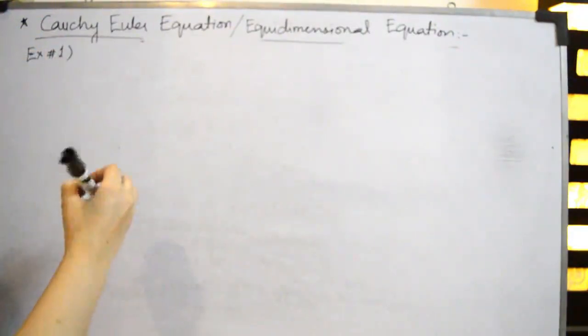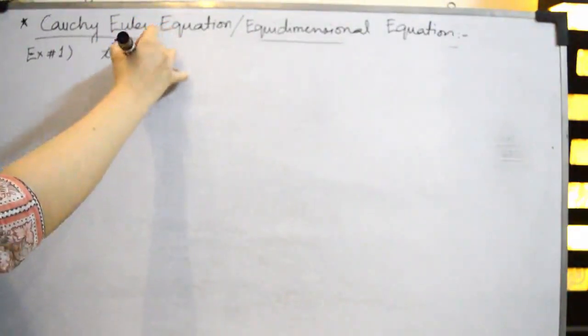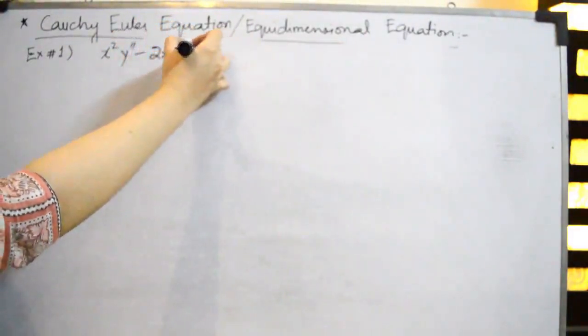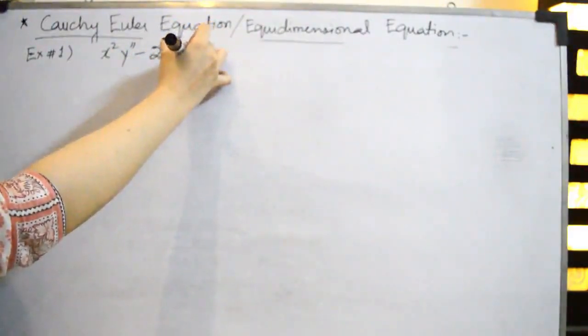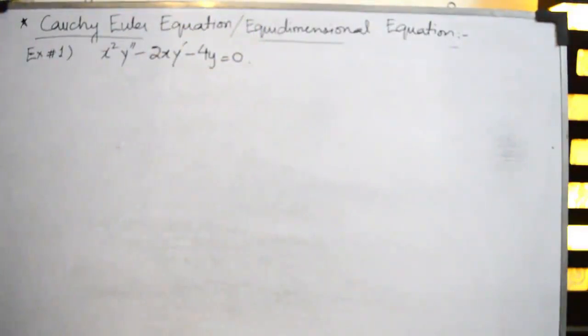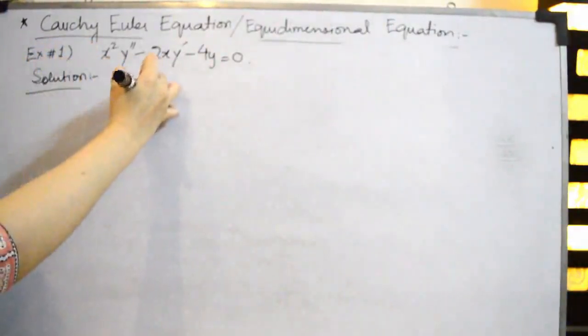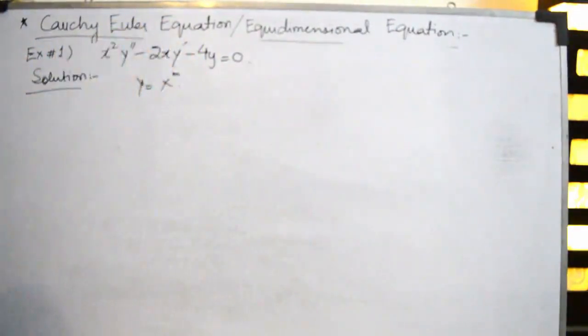Example number 1 is x square y double dash minus 2x y dash minus 4y equals 0. Now there are two methods. Either you can suppose y equals x to the power m and then find y dash and y double dash, and construct the auxiliary equation out of that.